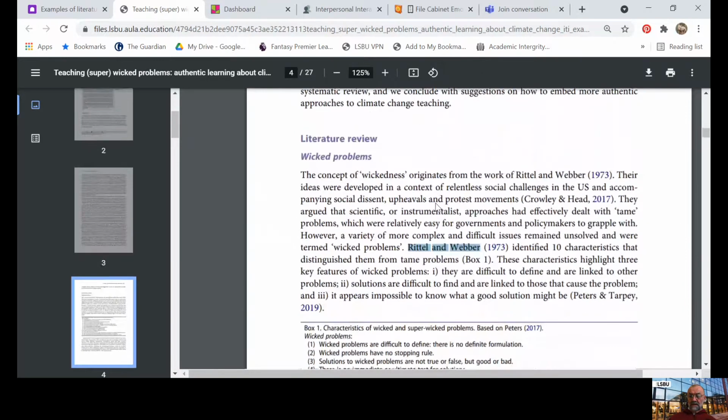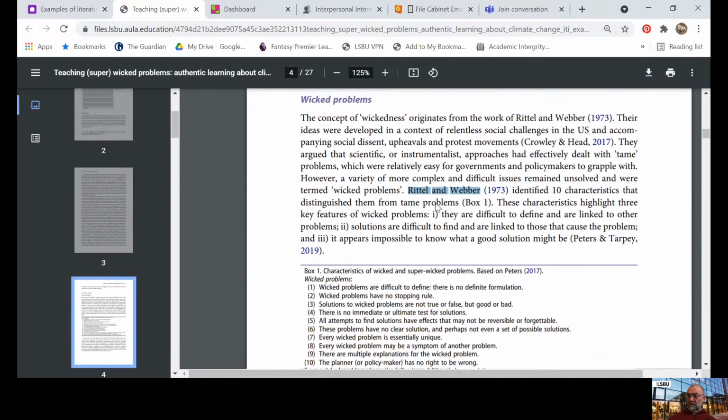So back to that point again there, Cross and Congreve, they're not trying to interpret what Rittel and Weber have said. They are just stating what Rittel and Weber said. Rittel and Weber identified 10 characteristics that distinguished wicked problems from tame problems. So basically what they're doing at that point is they are summarizing what Rittel and Weber did.